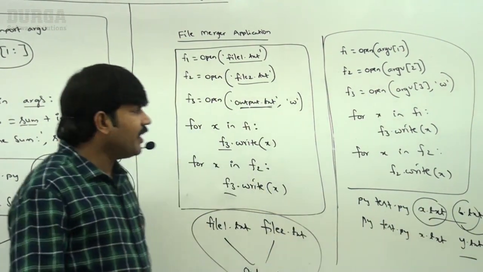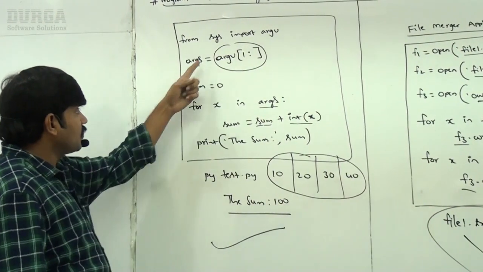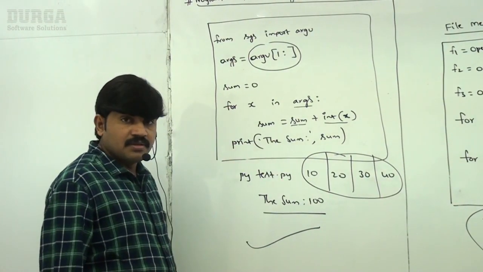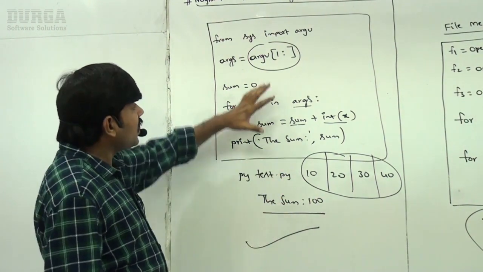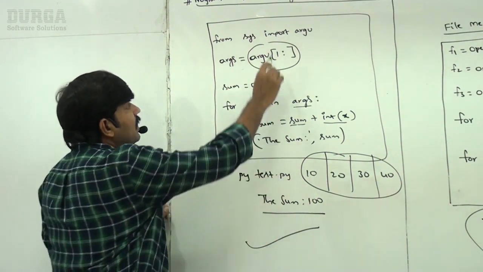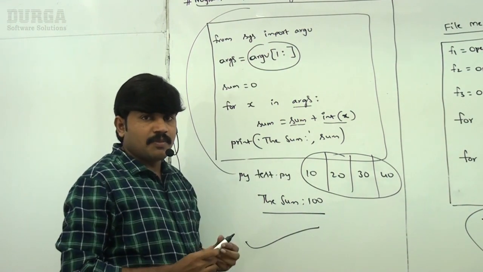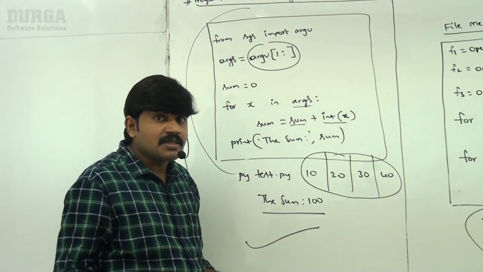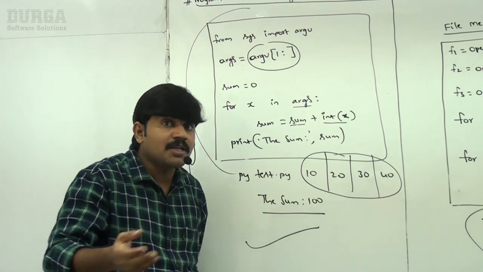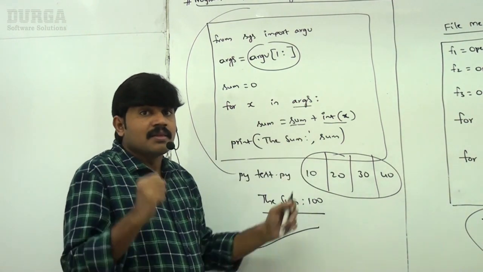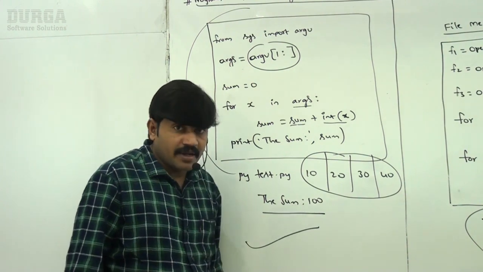Even the last program we covered, printing the sum of given numbers, is also a generic program because I didn't hard code anywhere how many numbers there are. Sometimes you may pass 0 numbers, sometimes 10 numbers, sometimes 1 lakh numbers. In any case, this program is going to work. That is the biggest advantage of command line arguments.